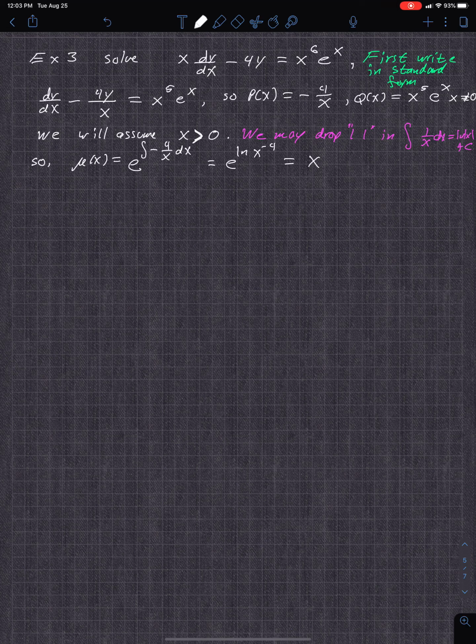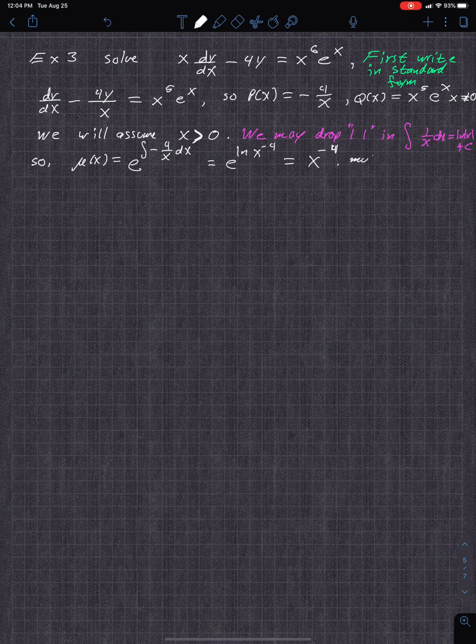So that's just x to the negative 4. Inverse property: you picture this negative 4 here, just factor it out. The integral of 1 over x is ln x, so you end up with x to the negative 4. Okay, we'll move on.